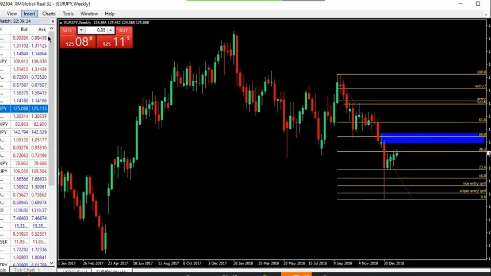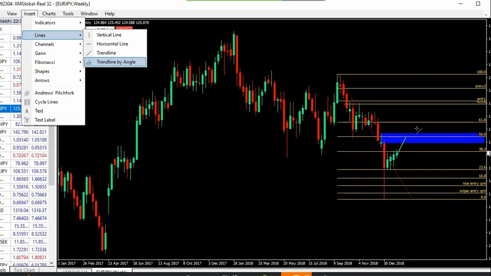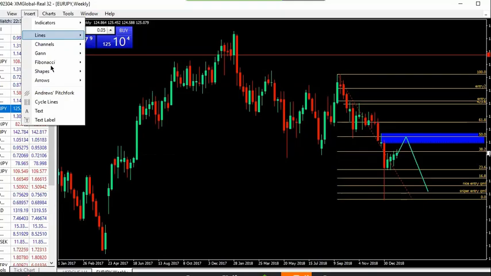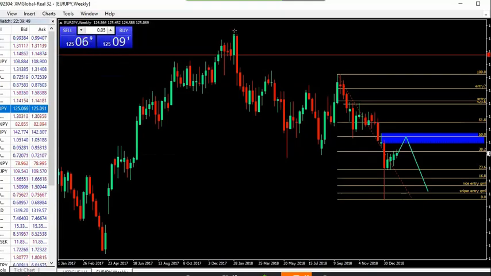So I might want to see this trade go all the way up there, drop to that level, and most probably go to our major level.